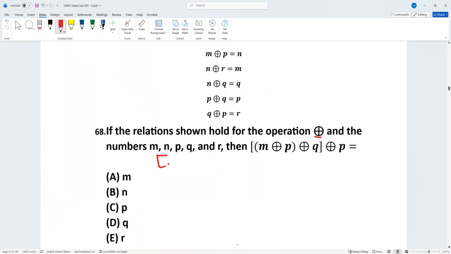So I'm just going to write down the operation like this. Okay, so this is the operation, and we have the values here.